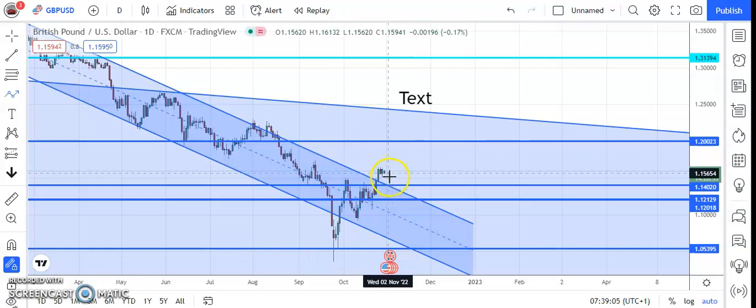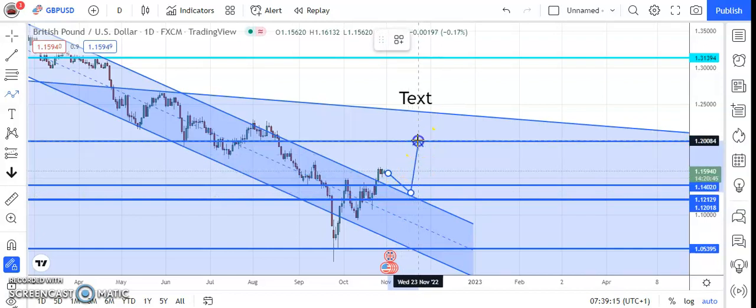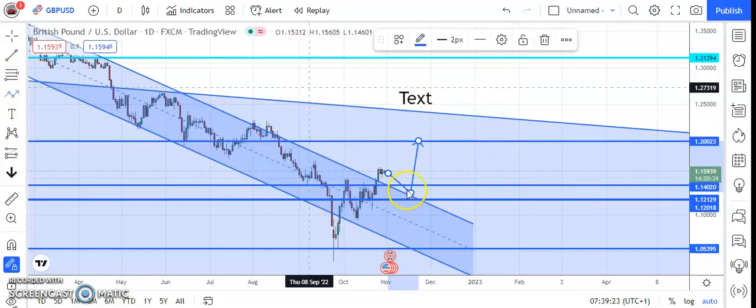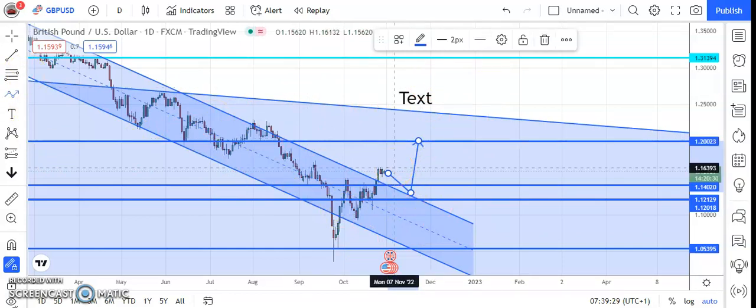So this is what we might get. Maybe a move down here to 112,700 before we can get a move to this target here at 120. So look for something like this, a retest there before we can get any move to the upside. So that's that on the pound US dollar.